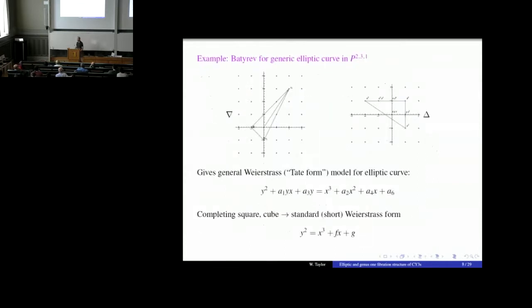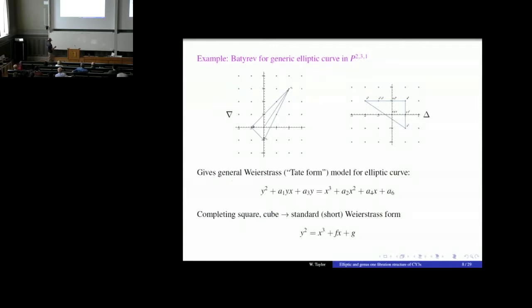Just to illustrate this, let's do a very simple example which connects to the story of elliptic curves. Here's a reflexive 2D polytope. It's P231. We take three rays, the (2, 3) ray, the (-1, 0) ray, the (0, -1) ray. That forms a 2D polytope nabla. Its dual is this polytope delta, which is in fact a lattice polytope. This set of points over here now forms the set of monomials in a so-called Tate form for an elliptic curve.